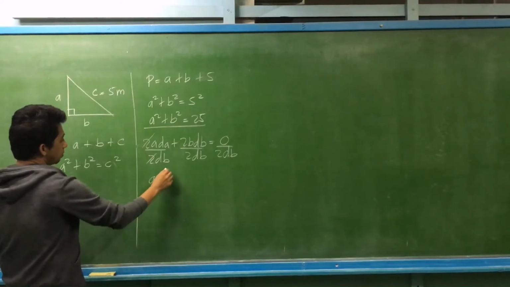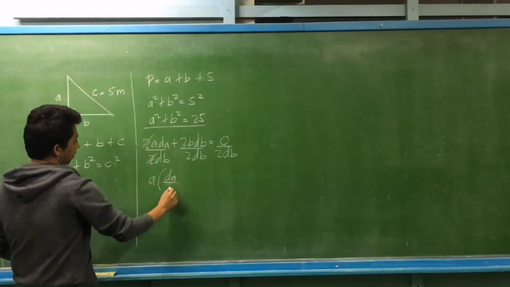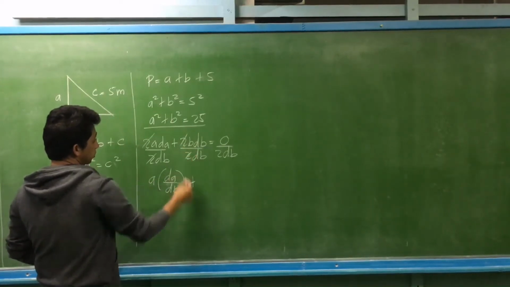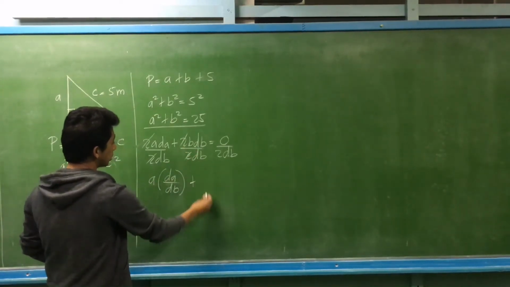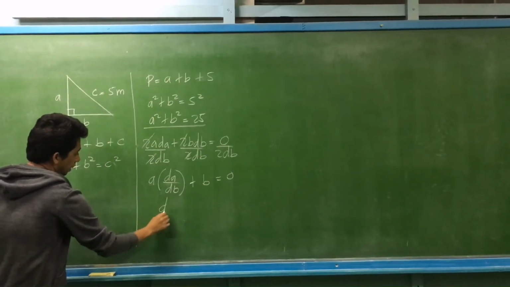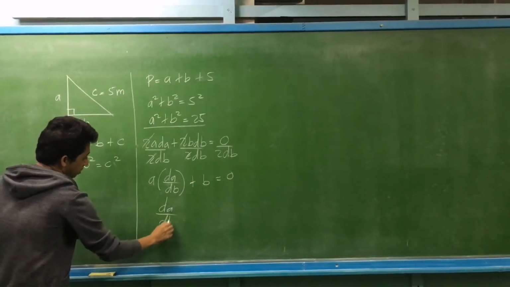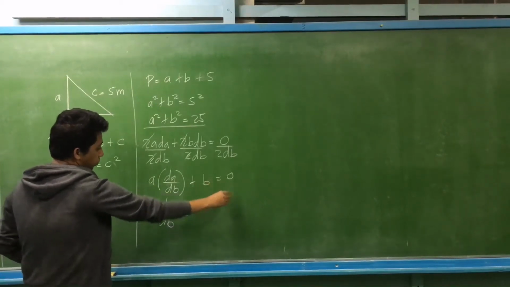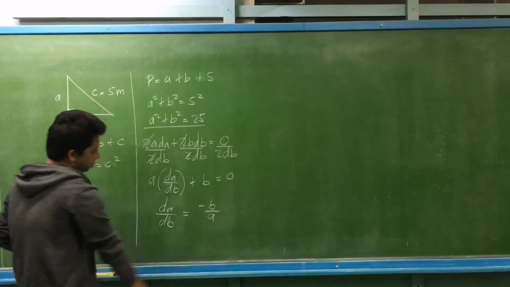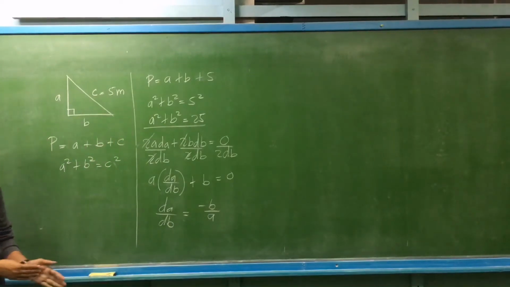This is now A multiplied by dA over dB plus, cancel ulit yung 2 dito, what remains is B equal to 0. So we have dA over dB equal to, transpose ko yung B sa kabila, negative B divided by A. That is the equivalent of dA over dB.